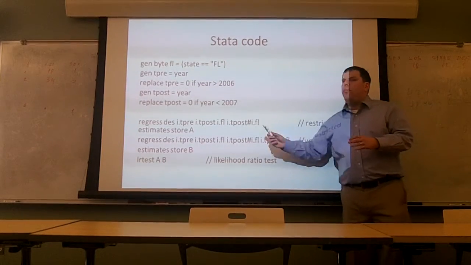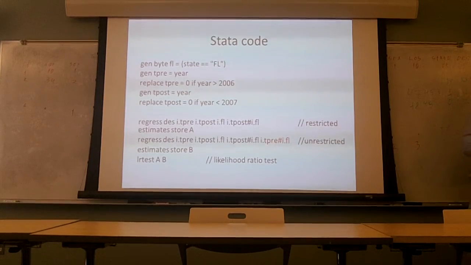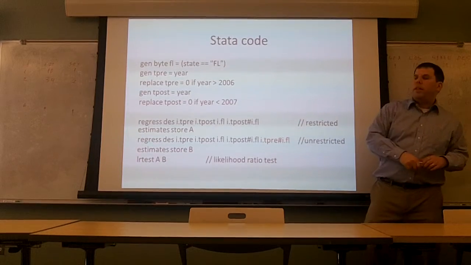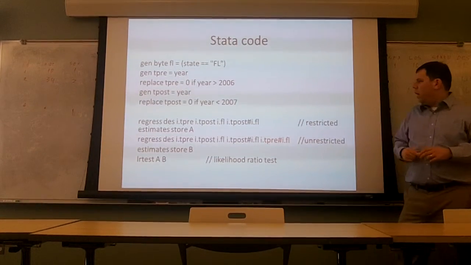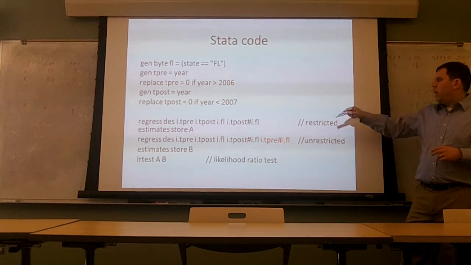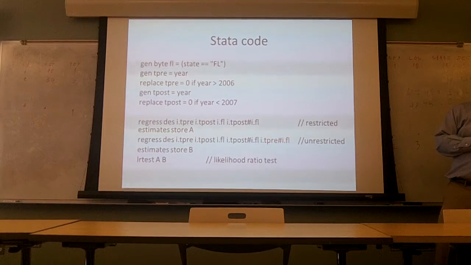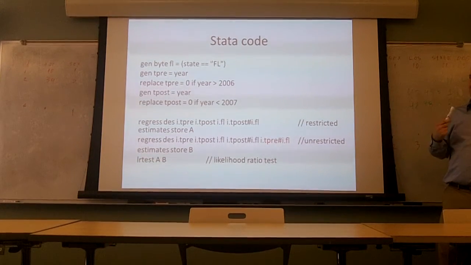Notice the single pound means just give me the interaction. The double pound means give me the main effects and the interaction. I put the main effects in myself, so I don't need the double pound here. I could have left them out, but I wanted to show you in comparison for the next one. So then this is what's called a likelihood ratio test. It's the equivalent of what I call the partial F test when we were talking about the cross model.